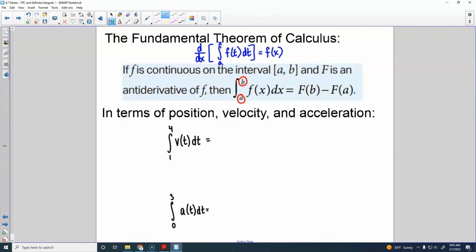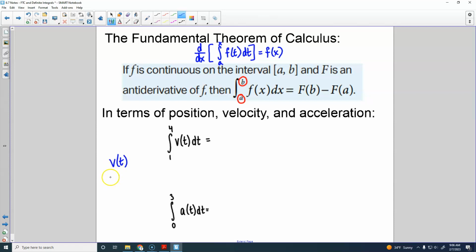Let's think about this in terms of velocity and position, because I think that helps. So if we integrate velocity from 1 to 4, we've worked some with velocity. V of t here is our function.